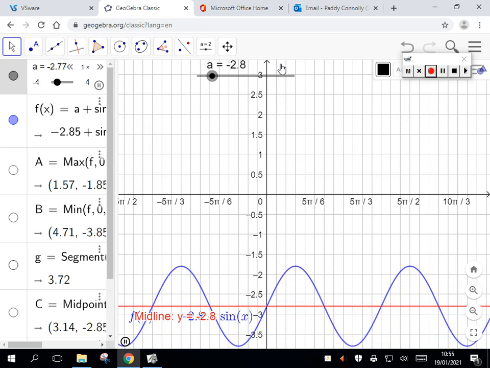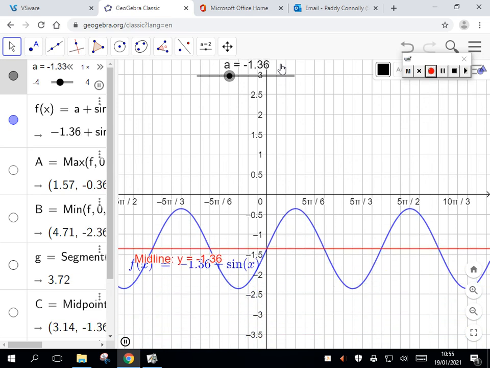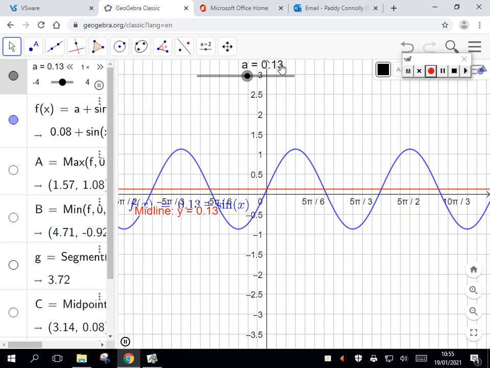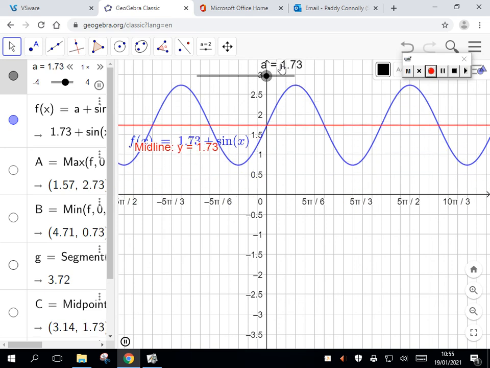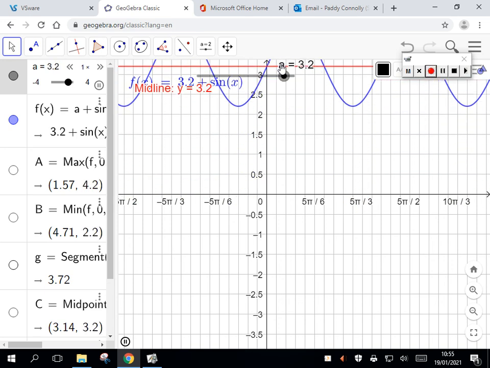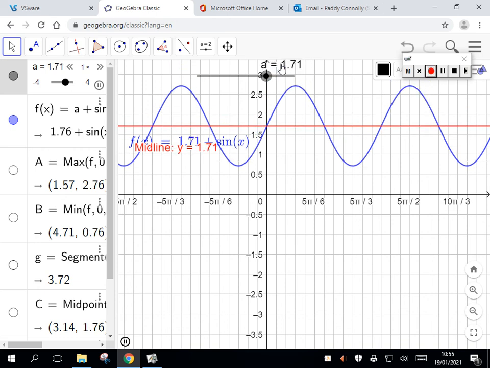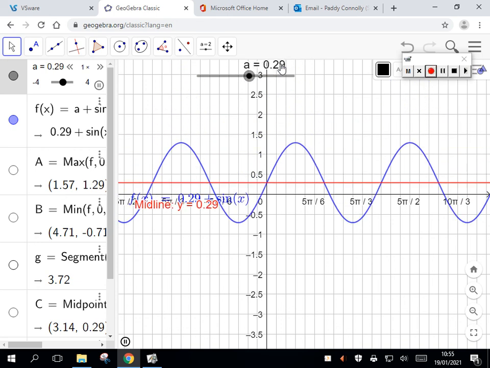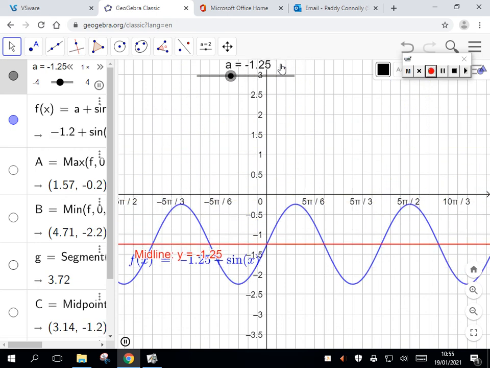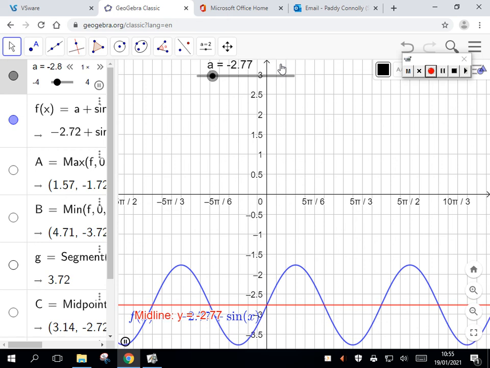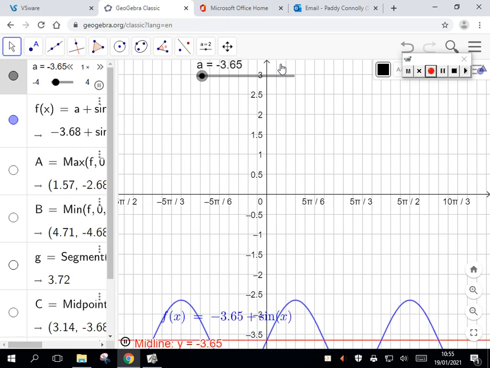What is changing? Well, what quantities are changing? Period is not changing. Range is changing because the lowest and highest points are changing. The amplitude, however, is not changing because the highest point is still the same distance above the midline. Okay, and the midline is changing.